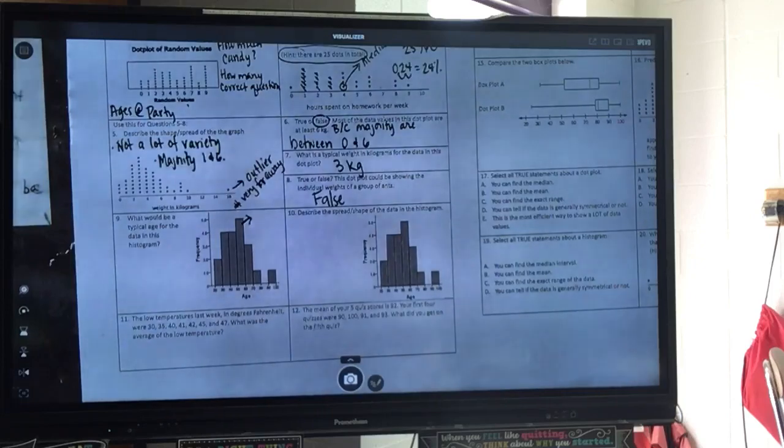You did what? Because I found the mode. You found the mode for number 9. It says that since 50 appeared the most, it is the average. Okay, and again, this is a histogram, so it's not just a specific number.